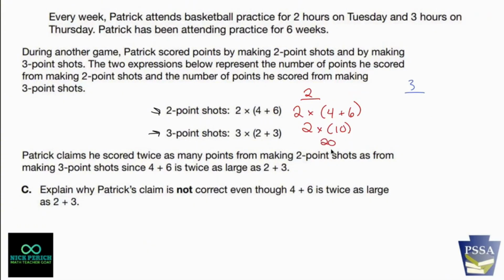So he scored 20 points off of 2-point shots. The 3-point shots are going to be 3 times 2 plus 3. PEMDAS says everything inside the parentheses first. 2 plus 3 is 5, and 3 times 5 is 15. So he made 20 points off of 2-point shots and 15 points out of 3-point shots.